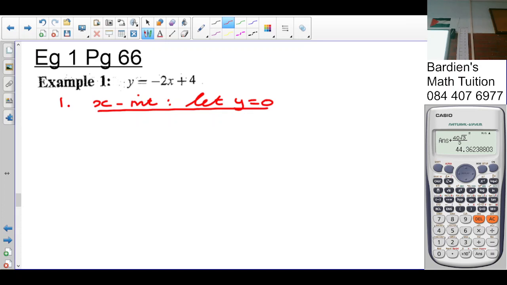So if we look at this equation here, why are we letting y equal to 0 to calculate the x-intercept? Who can remember? We mentioned it yesterday. Who can remember what we said about the y-intercept, the x-intercept?